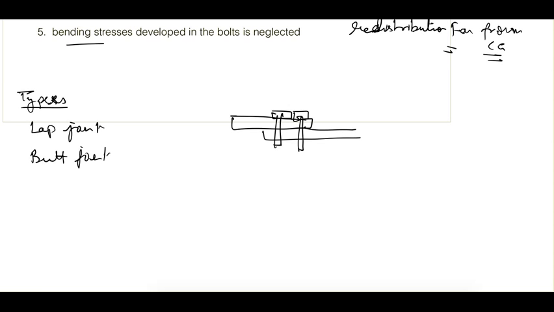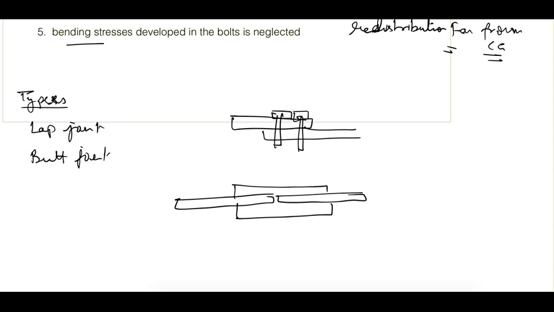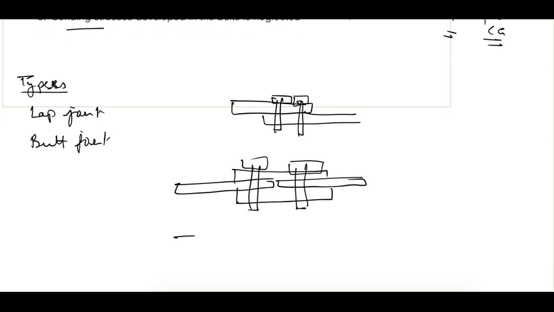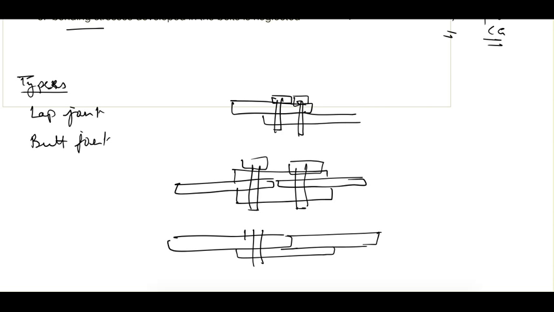Whereas in case of butt joints we use two plates like this and we connect them by using cover plates, and here we will put the bolts. If we are using only a single cover plate, like this, then it is known as single cover butt joint. And if we are using two plates like this, then it is known as double cover butt joint.